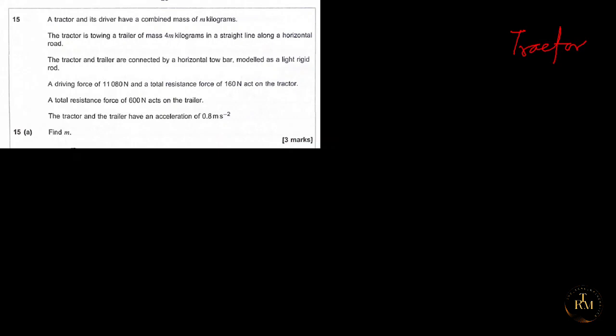Then the tractor is more like pulling a trailer. That's what I mean by the tractor is towing a trailer. So if the tractor is pulling this trailer forward, so to speak, it means that the tractor has a particular force which it applies in order to move the trailer.